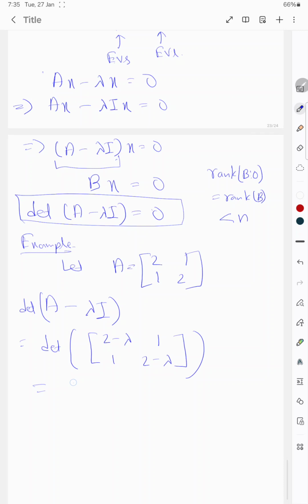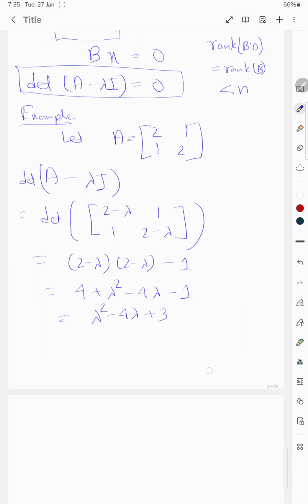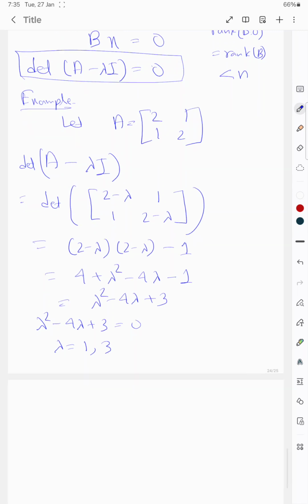What is the determinant? (2 minus lambda) times (2 minus lambda) minus 1. So you get 4 plus lambda square minus 4 lambda minus 1, so lambda square minus 4 lambda plus 3 equal to 0. If you solve this, you get the values of lambda equal to 1 and 3. So in this way you can find the lambda.